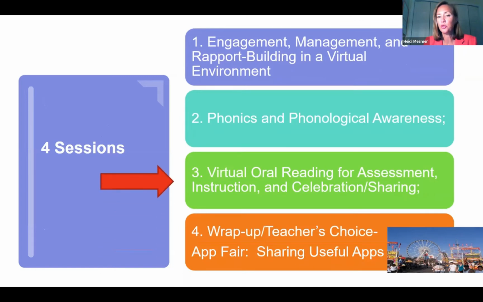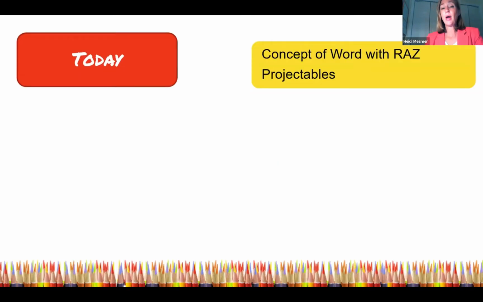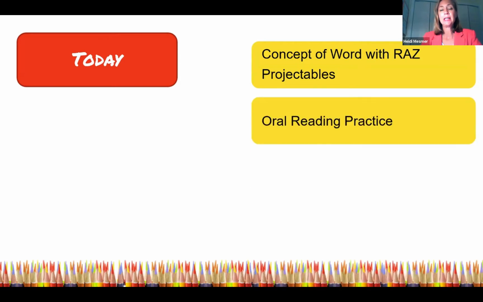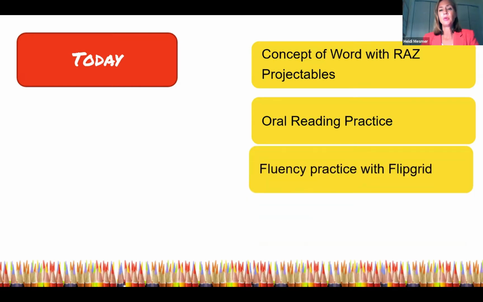We're doing virtual oral reading for assessment, instruction, and sharing. Today I'm going to show you how to do some concept of word work with RAZ, or Reading A to Z projectables. Didn't get to that last time. I'm going to do some oral reading practice using some different texts, and a little fluency practice with Flipgrid.